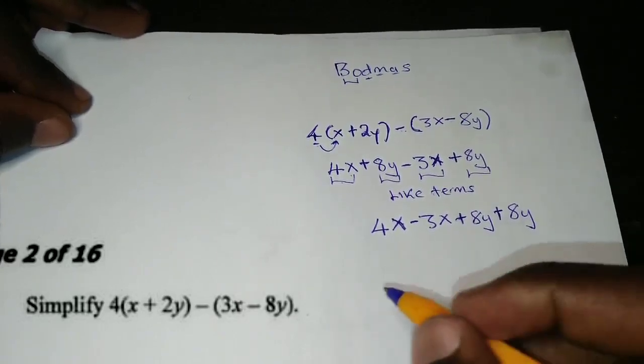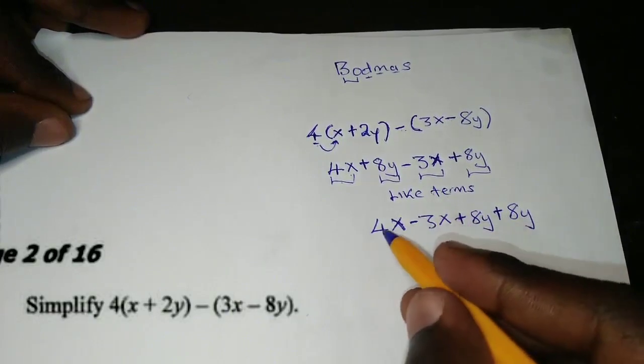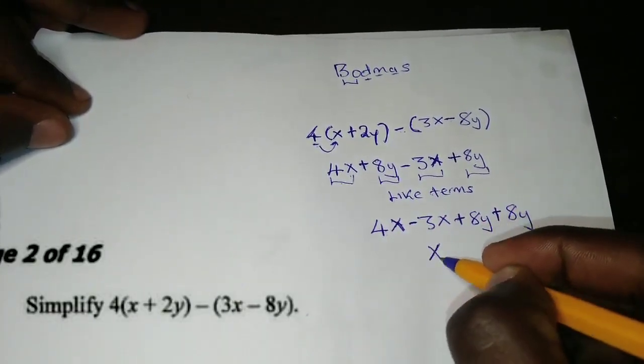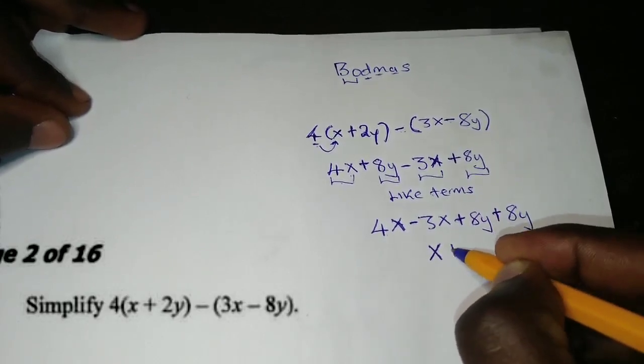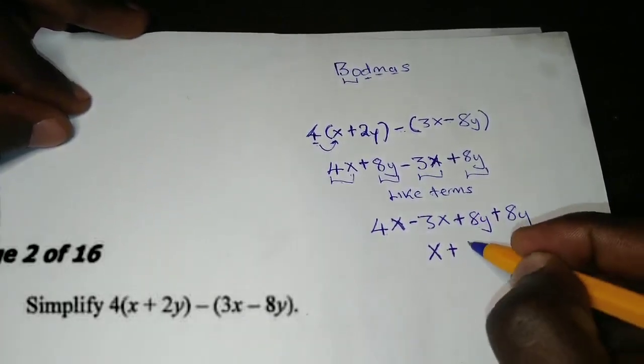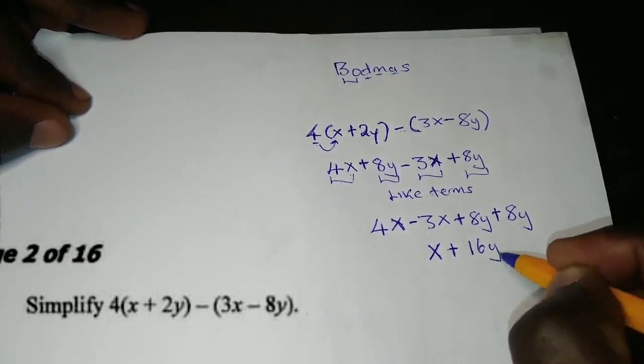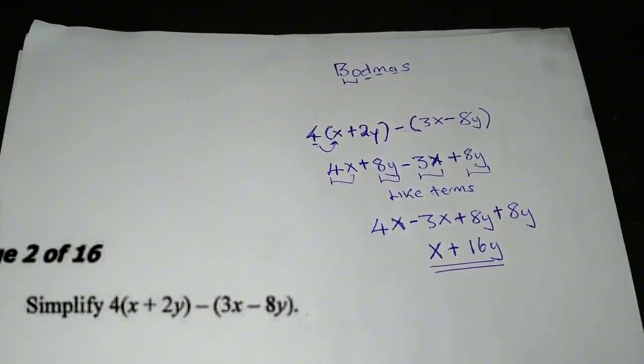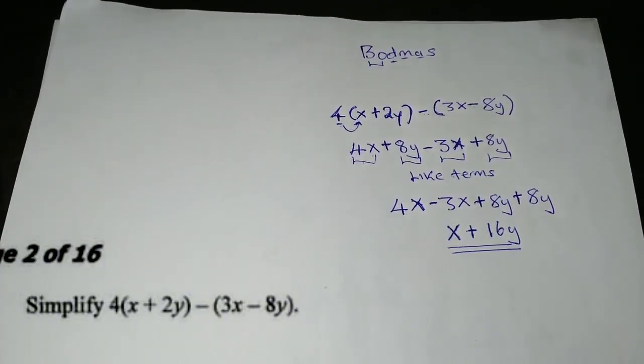Then we can subtract 4x minus 3x, we get x, plus 8y plus 8y we get 16y, and we have simplified. At this point there's nothing more that we can do.